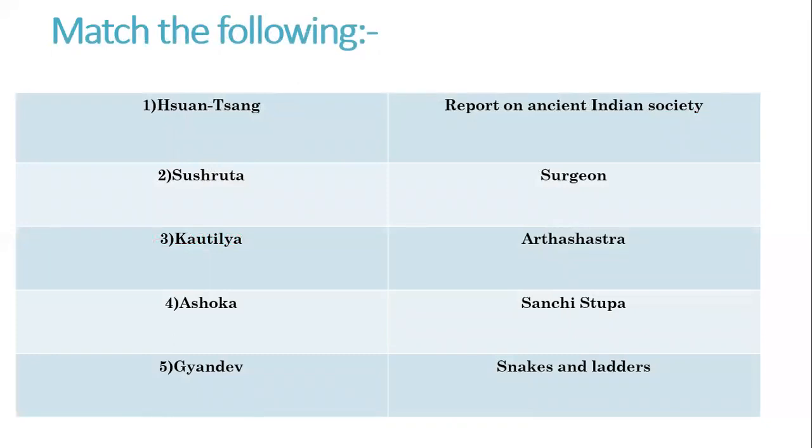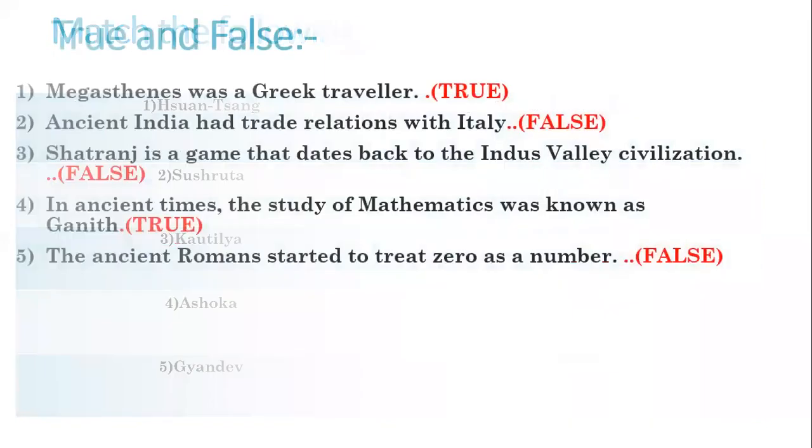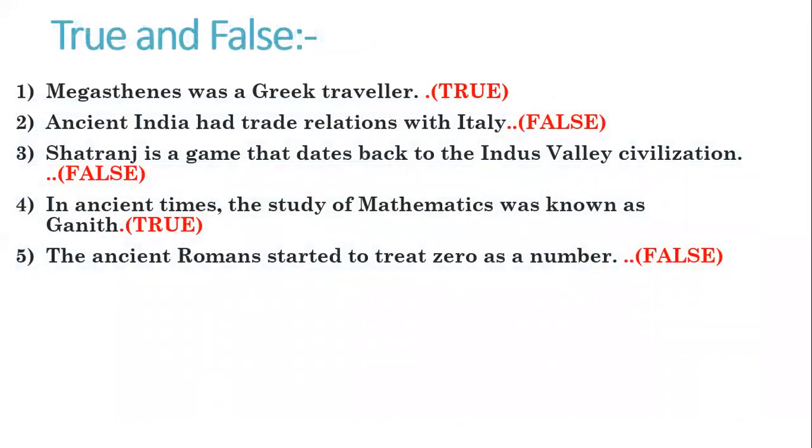Please make sure that you pause the videos and make a note of all the answers, stating if it's true or false. Megasthenes was a Greek traveler. Yes, it's true. Ancient India had trade relations with Italy. No, it didn't have it with Italy at all. The answer is false.